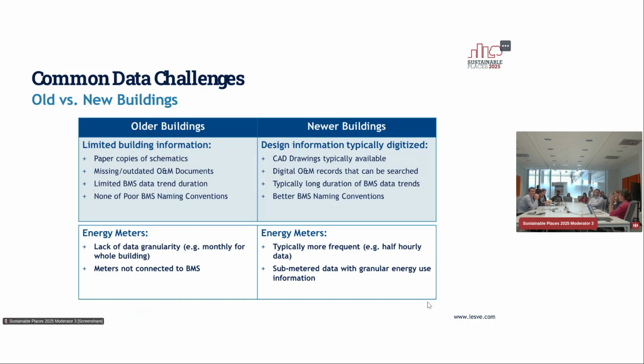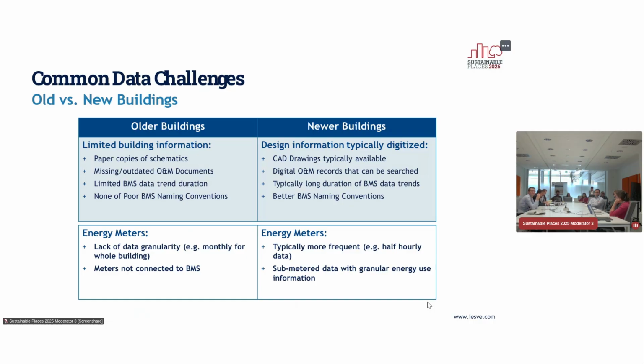And BMS systems, if there are any, may be old as well, or have limited data, or the data is there but it's not stored permanently, and it's overwritten every 10 days. That's a common issue. Or you may find there's data, but you don't know what the sensor is. Sometimes you just get a temperature sensor in the BMS and you don't know what it is.